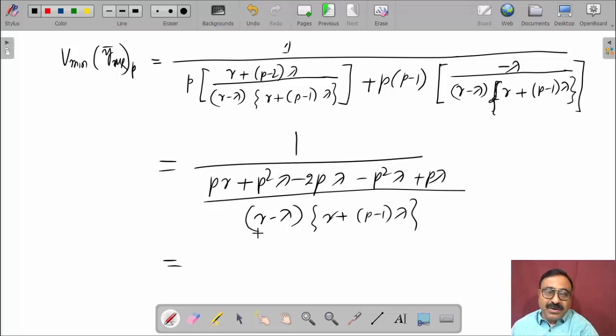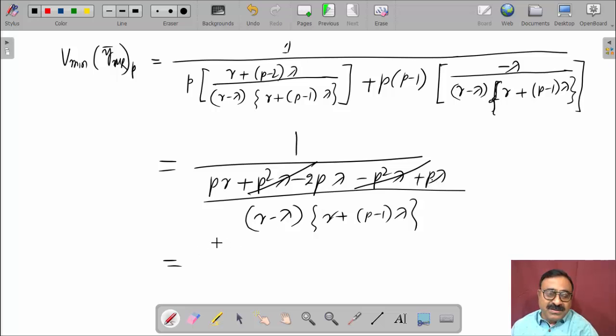So this will be equal to, p square lambda cancels out, minus 2 p lambda plus p lambda, this will be p lambda.